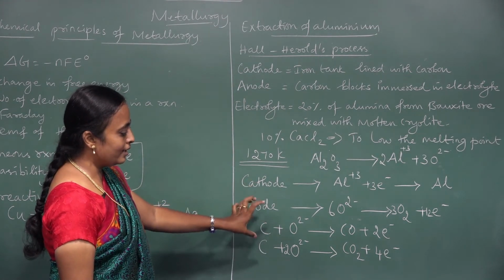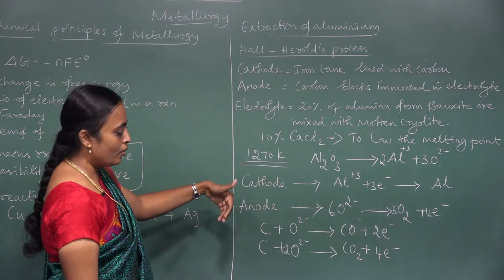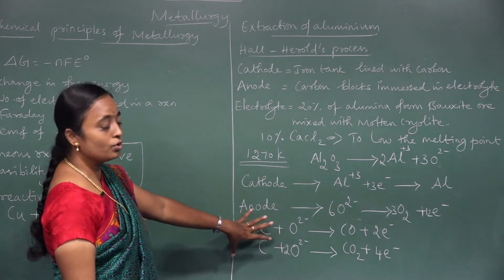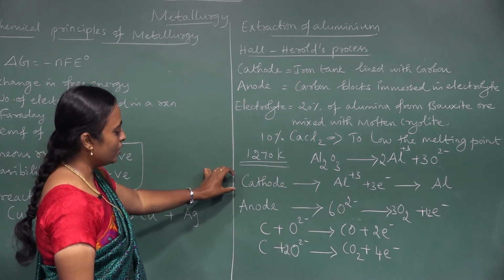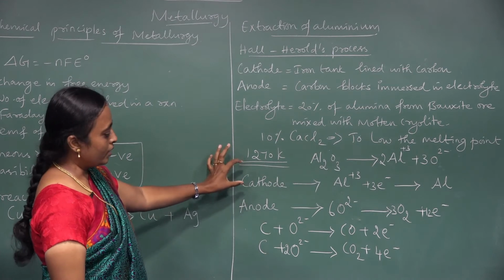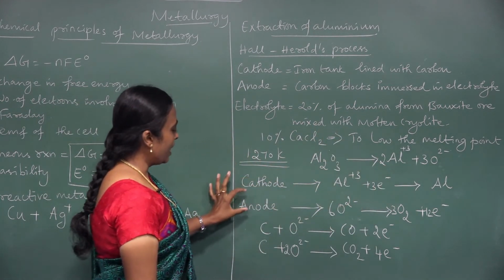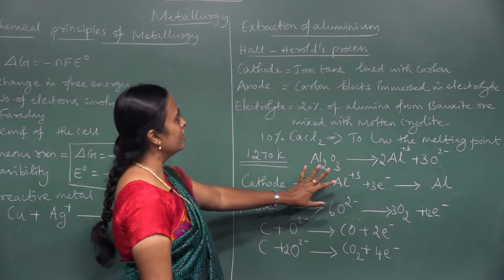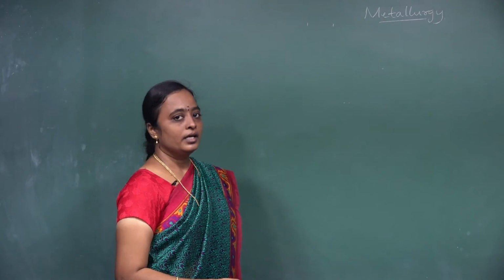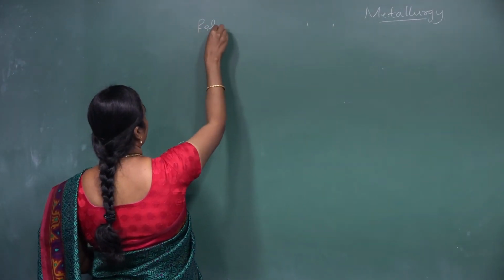This is the reaction occurring at the anode. That's why the anodic carbon has to be consumed in the reaction. So at the cathode there will be deposition of pure aluminium metal, and at the anode there will be liberation of oxygen. Okay, this is called Hall's process. Okay, next we are going to see about the refining process.